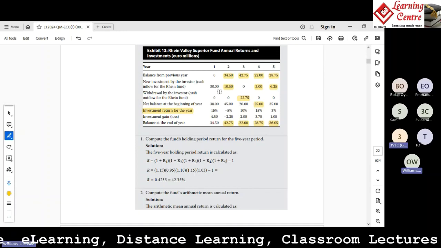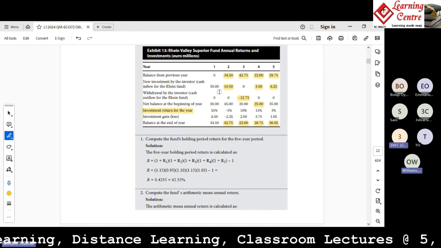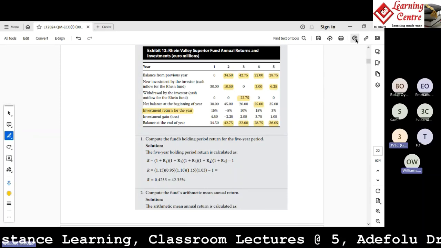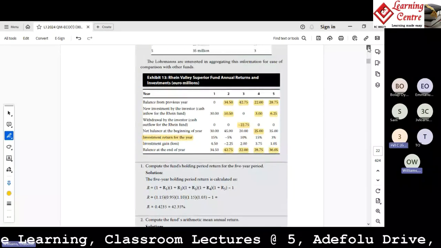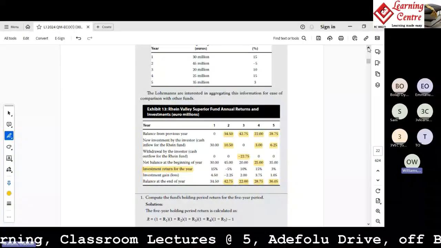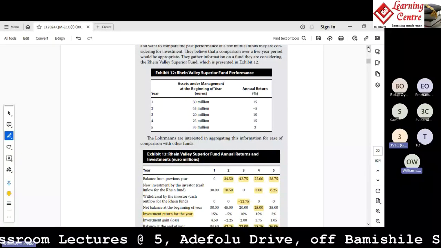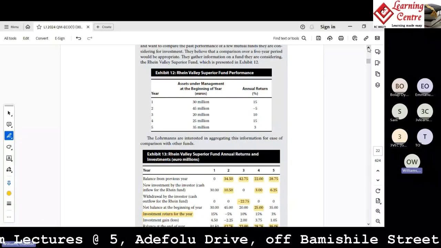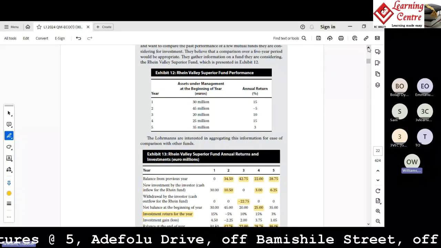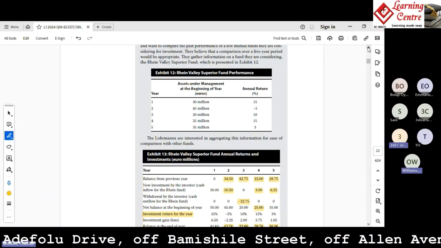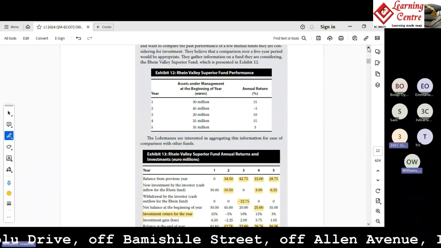So that is why it is important to break it down this way. All that was given in Exhibit 13 is really just to give you exposure. In an exam, you might be given only Exhibit 12, and then you are asked to calculate money-weighted return. So how do you calculate your cash flow from here?